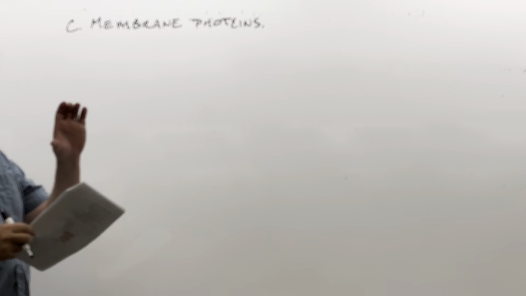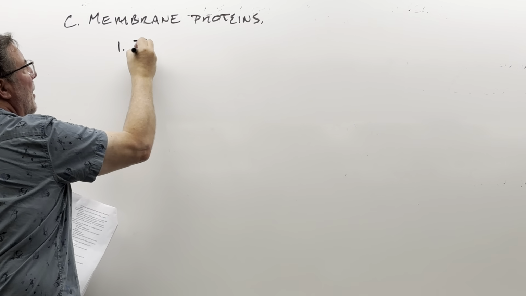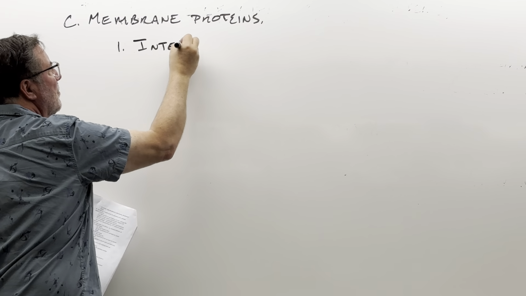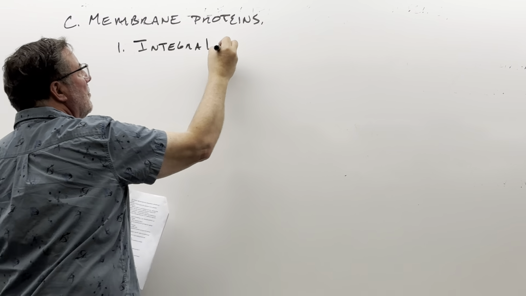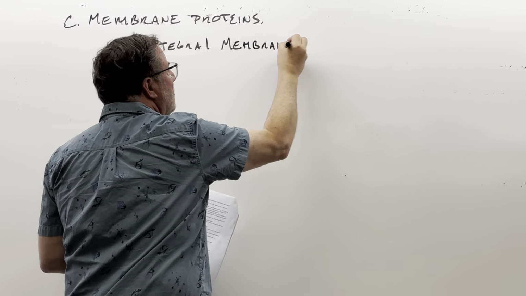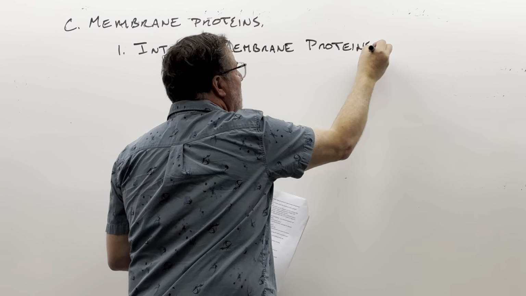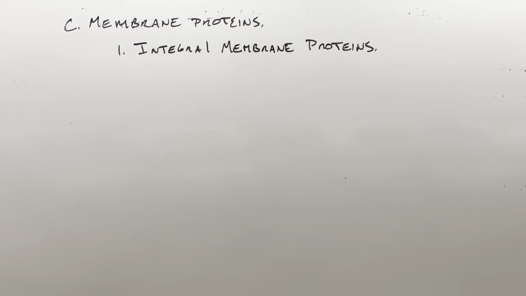There's three ways proteins can actually be associated with a membrane. One are integral membrane proteins. And an integral membrane protein is one where the whole protein spans across the membrane.